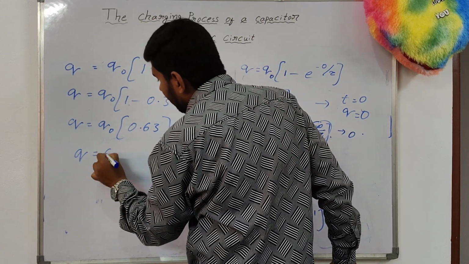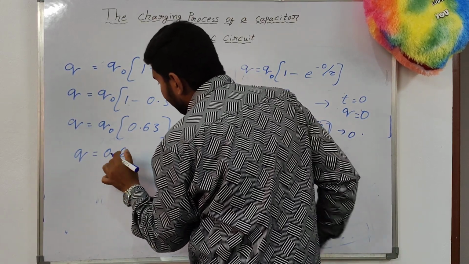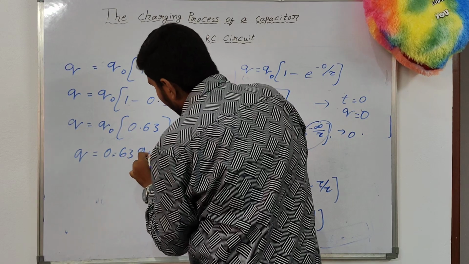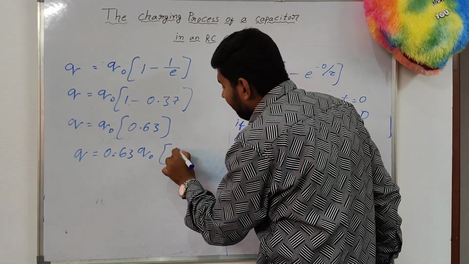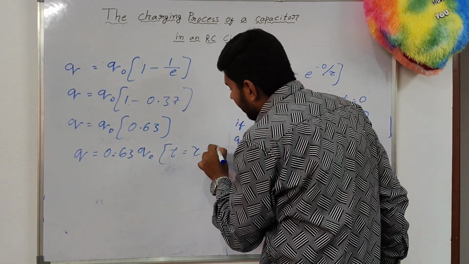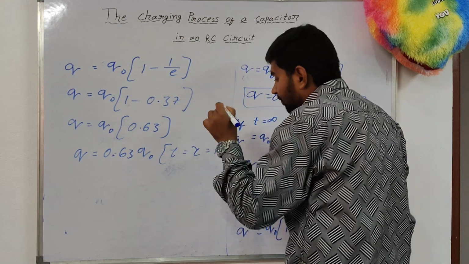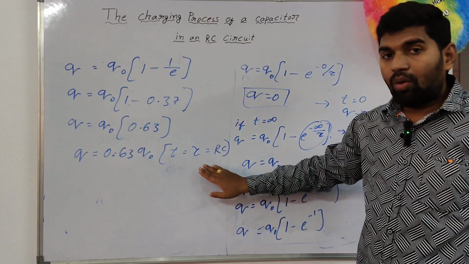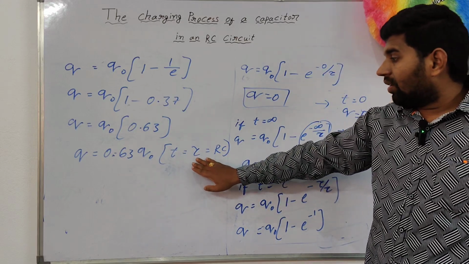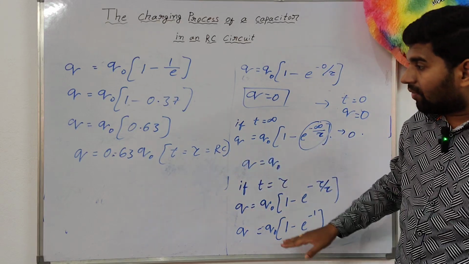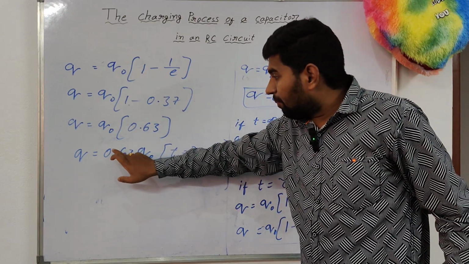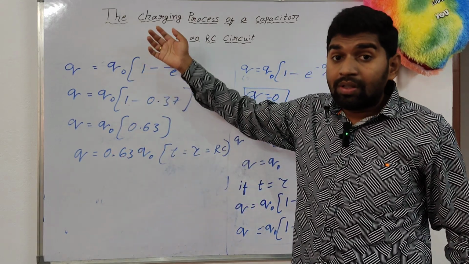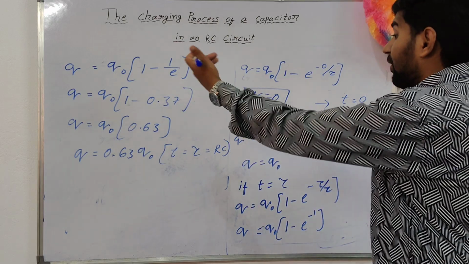Therefore, Q is equal to 0.63 Q naught, in the case where t is equal to tau, and tau is nothing but RC. If t is equal to the time constant, the capacitor charges up to 63 percent of the maximum charge Q naught.